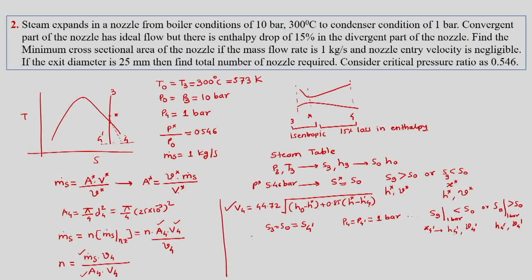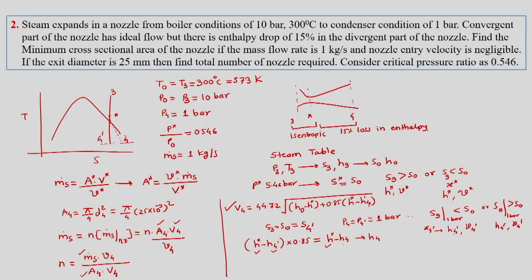So for that we can do this way: H star minus H4 dash into 0.85 is equal to H star minus H4. Here from this earlier method we have found out H4 dash, we have found out H star, then we can find out H4.